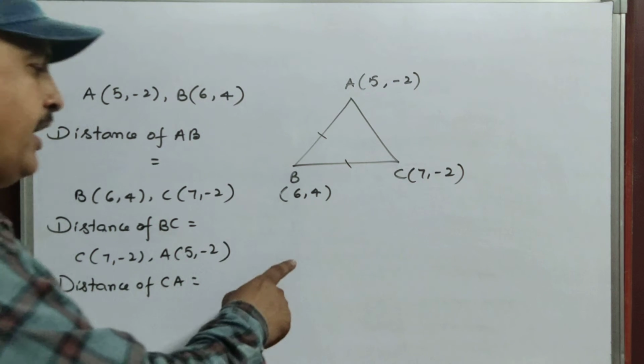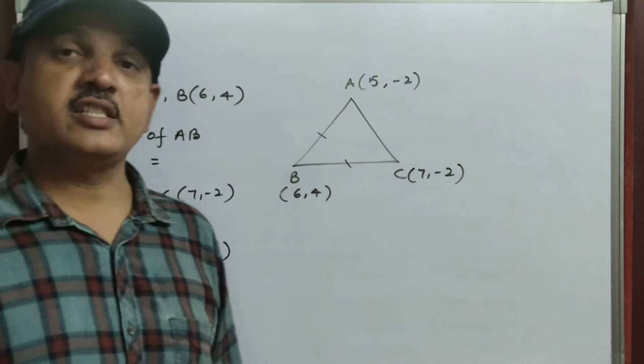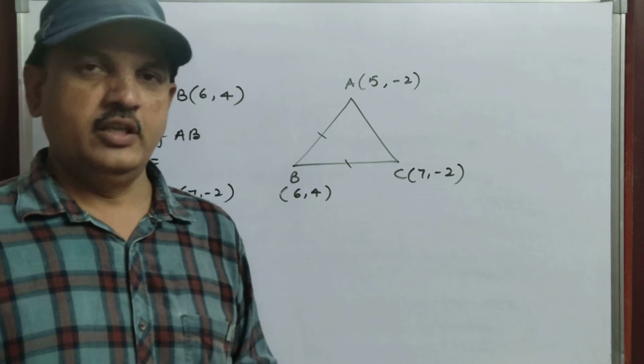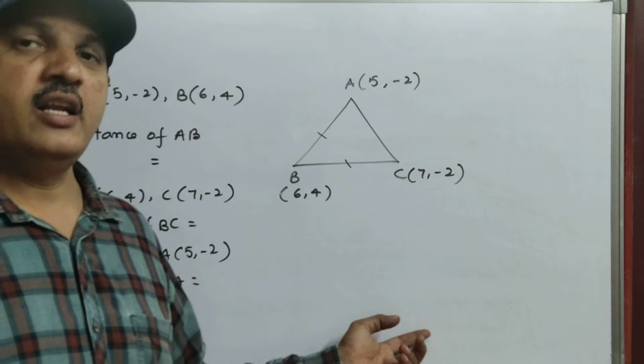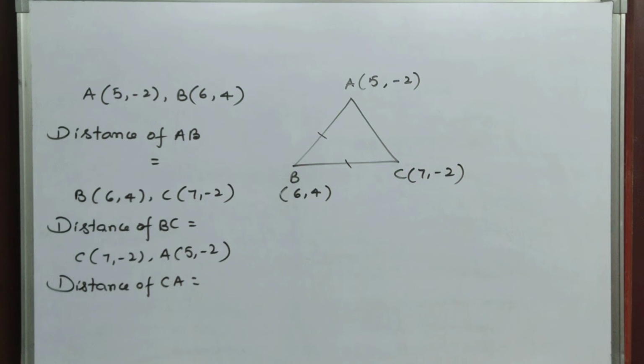Then you have to write at the end, yes, they are the vertices of an isosceles triangle. If any two sides are equal, write that the given vertices of a triangle form an isosceles triangle. You can take that as homework.